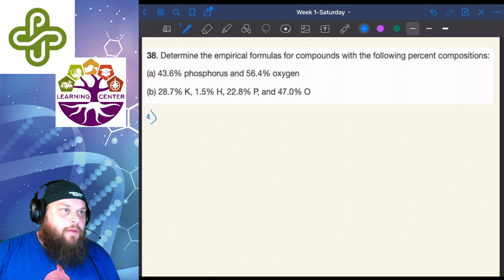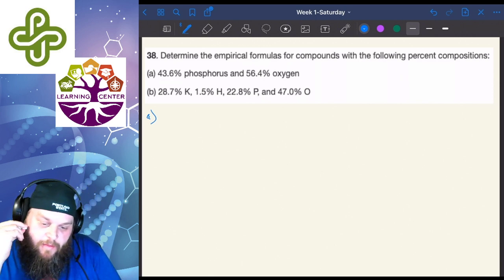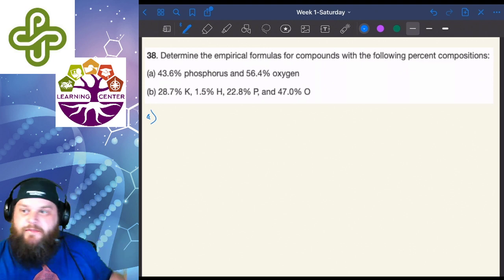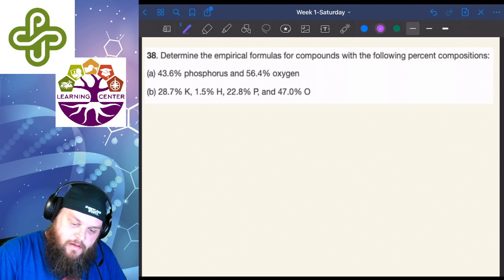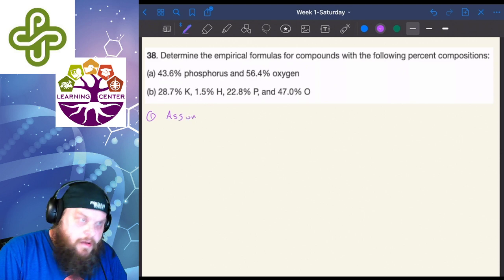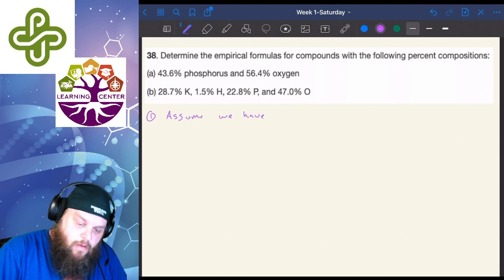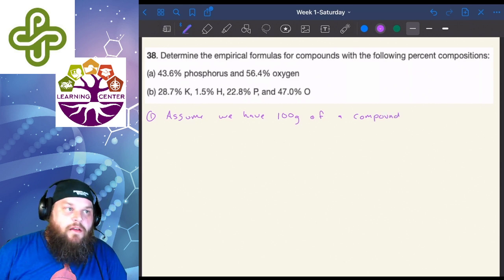Okay, so for part A, we want to determine the empirical formulas for the compound with the following percentages. Those percentages are percentages by mass. So the steps for doing this: we want to assume we have 100 grams of a compound, whatever compound we're talking about.